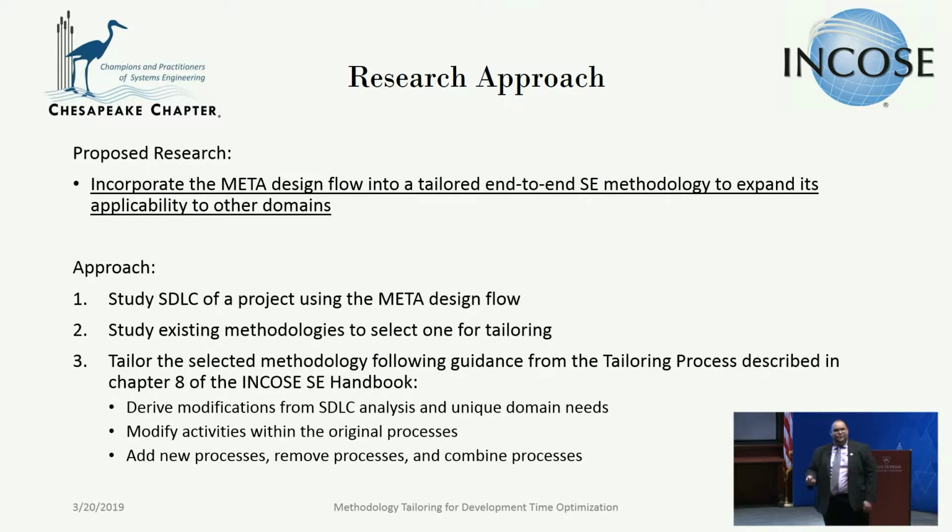That's a very good tool, and following that guidance, basically, you use the system development lifecycle itself as a reference for what the modifications need to be, and then you can either modify your processes and your activities, create new processes, remove them, do whatever you want, as long as it's justified by the differences between the methodology that you're tailoring and your specific project, which was anything using the meta design flow.